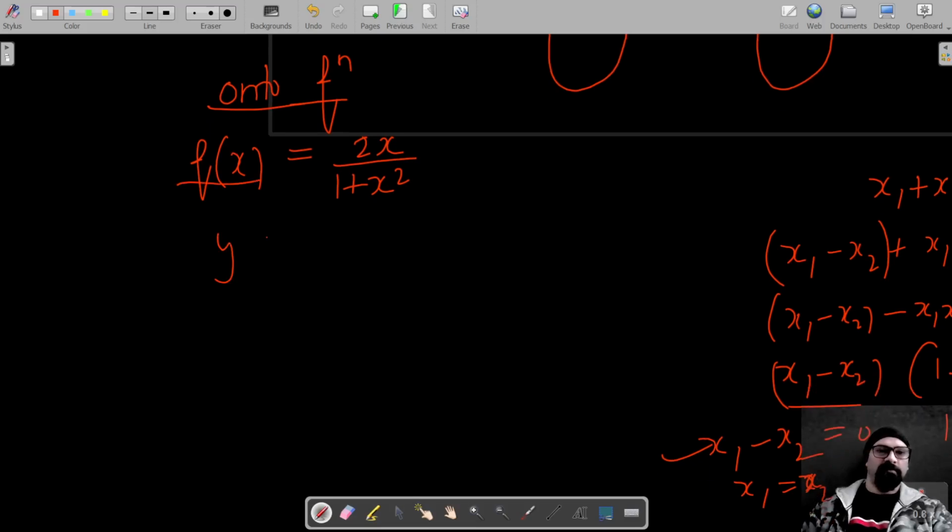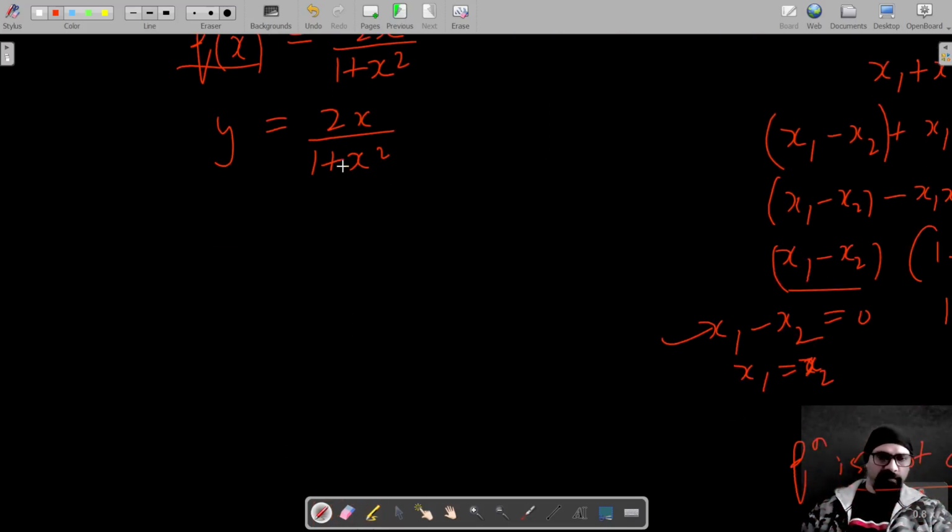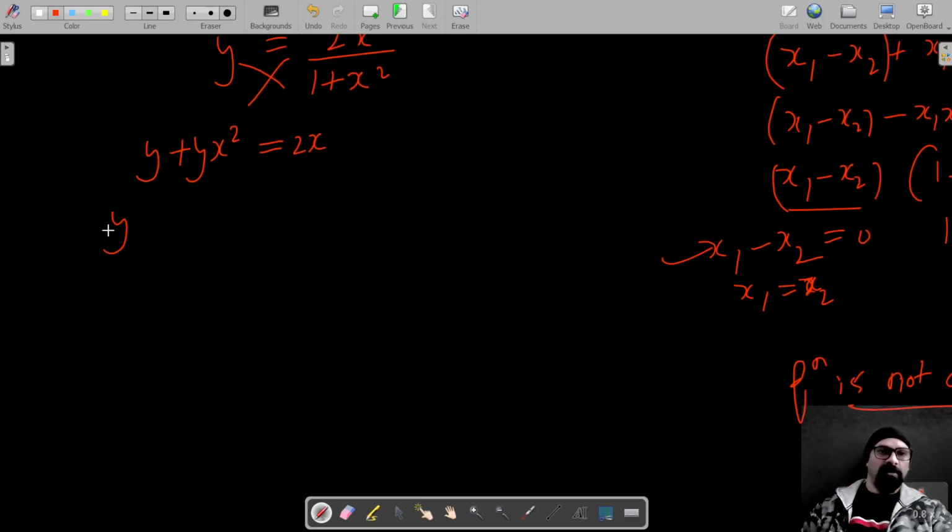F of x means this is y, so y is equal to 2x upon 1 plus x square. And we have to check that for every y there should be an x. So if I cross multiply this, it gives me y plus yx square is equal to 2x, and I can write it as yx square plus y minus 2x is equal to 0.